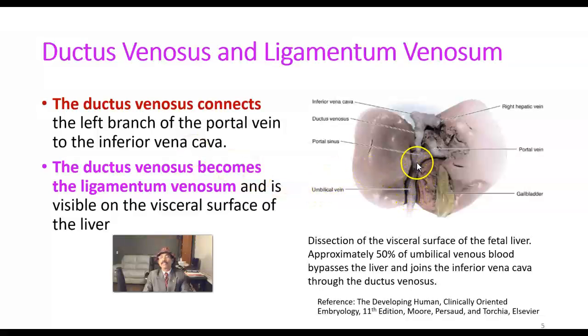This is the left umbilical vein and this is the ductus venosus on the fetal liver. After birth, it will be the ligamentum venosum. The ductus venosus becomes the ligamentum venosum and is visible on the visceral surface. Here is the visceral surface of the liver.